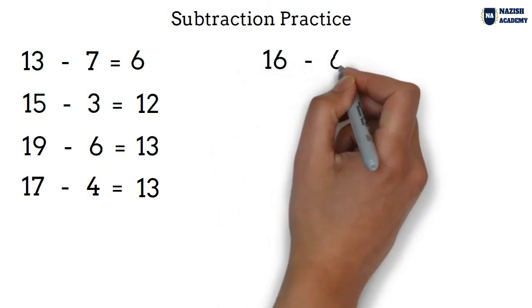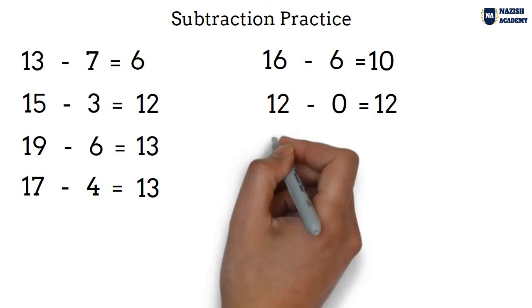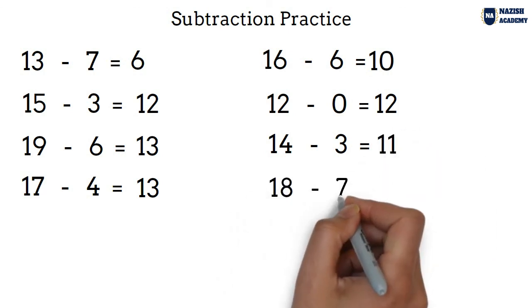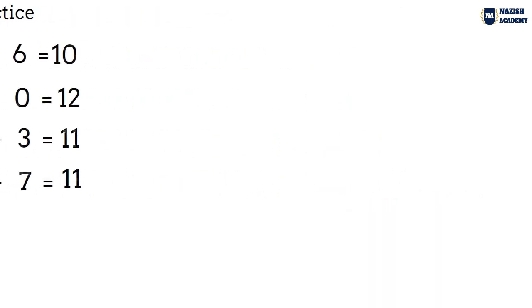Next, 16 minus 6 is equal to 10. 12 minus 0 is equal to 12. 14 minus 3 is equal to 11. 18 minus 7 is equal to 11. Clear, children?